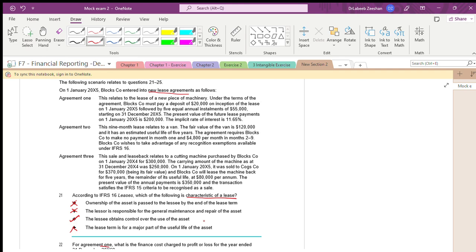Under the terms, Block must pay a deposit of 20,000 on inception of the lease on 1st January, followed by 5 equal installments of 55,000. The present value of future payments is 200,000. The rate of interest is 11.65.